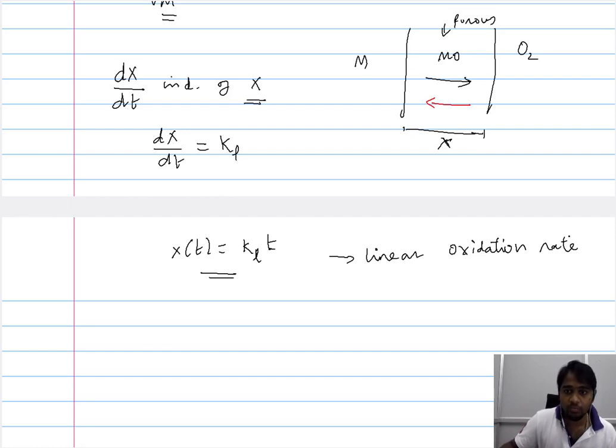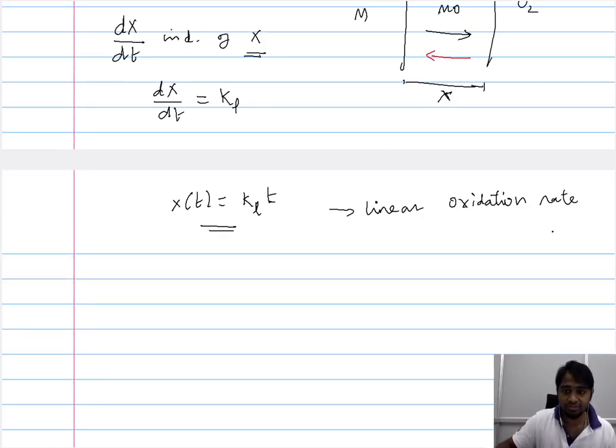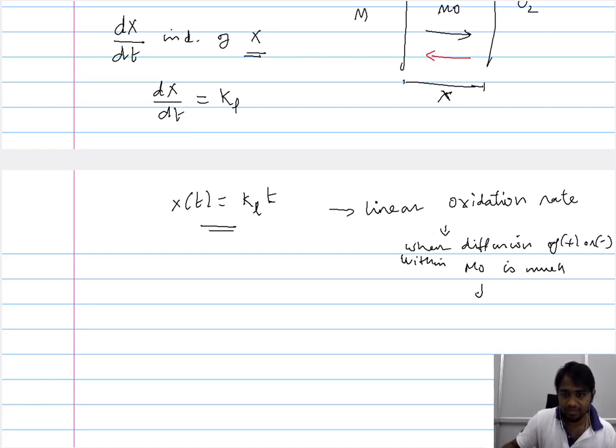So the condition wherein you would observe the linear oxidation rate is when the diffusion of ions within the metal oxide is much faster, or you could say it is instantaneous.